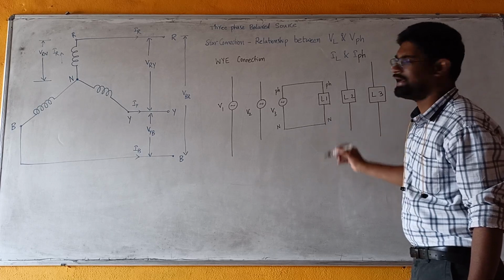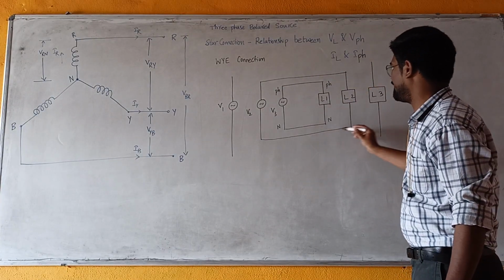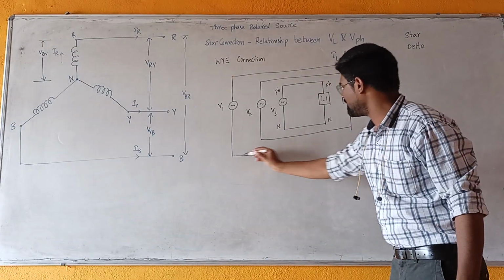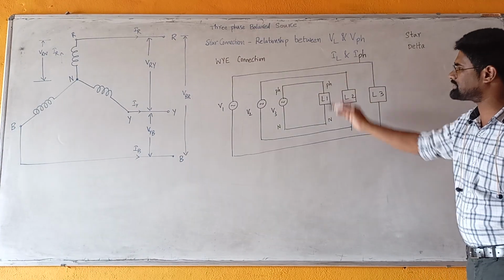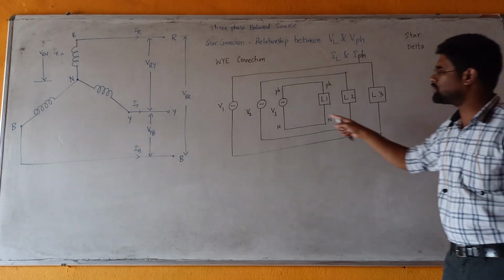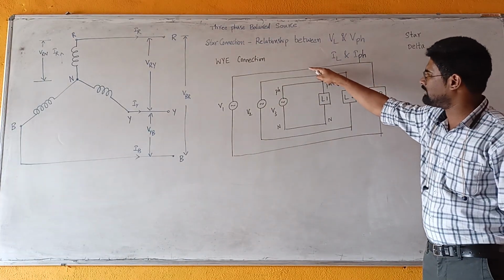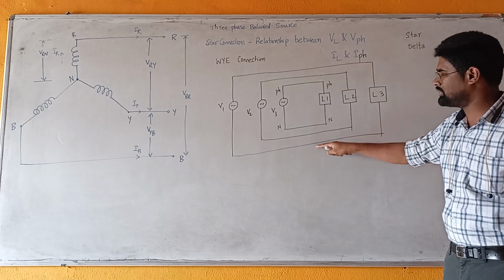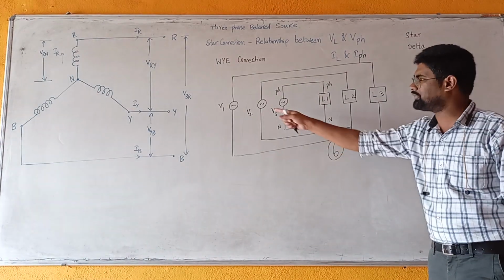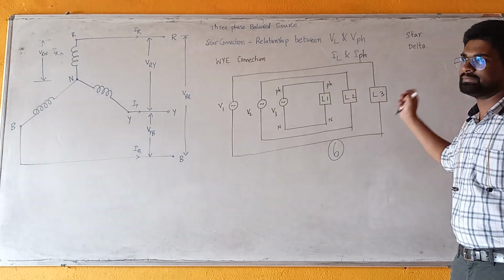Here we actually require 6 wires. We can clearly see in this diagram there are three sources and three loads. To connect the source to the load, we require 1, 2, 3, 4, 5, 6 wires for the power transfer.